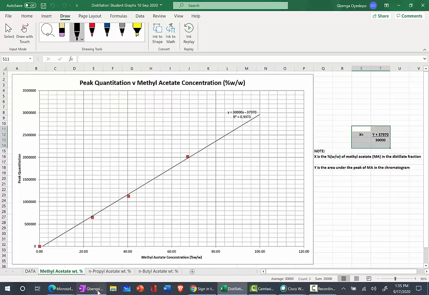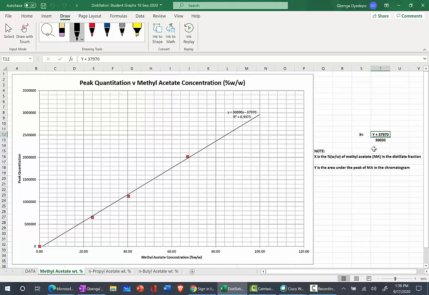Now, for methyl acetate, I will plug the area into the position of y. The area that I got was 2016642. So this will end up being 2016642 plus 37970 divided by 30,000.